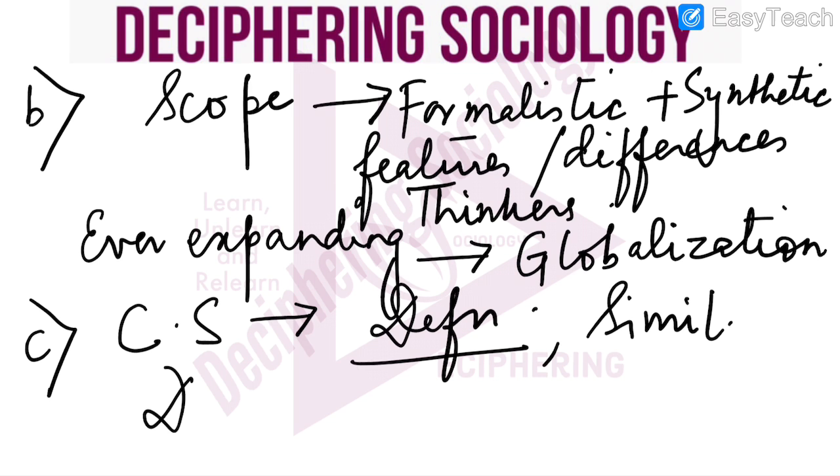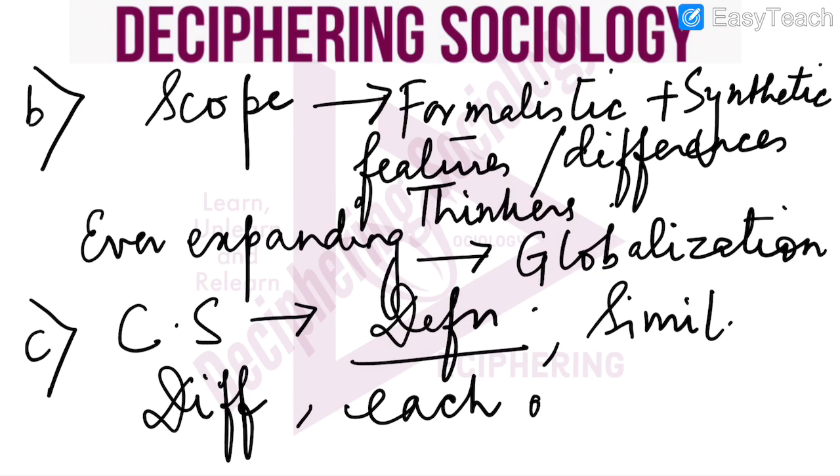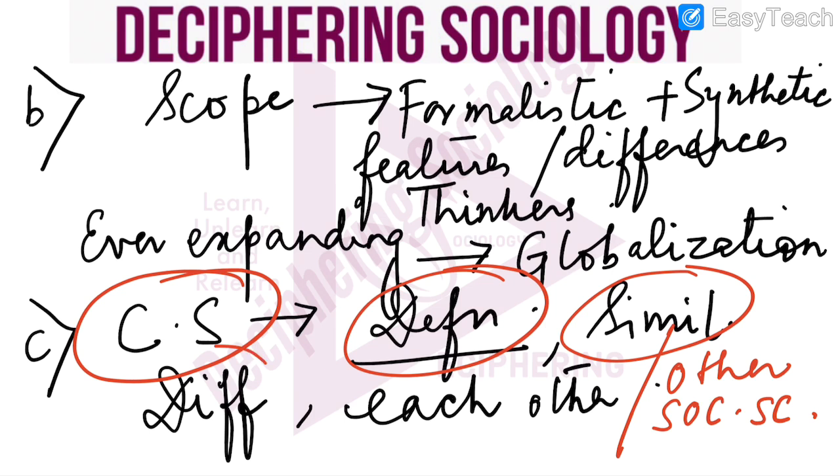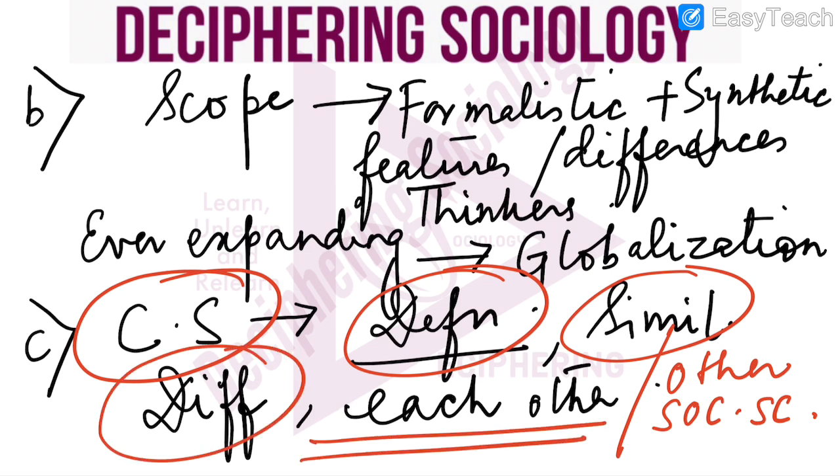You need to know the differences and how they are helping each other. The same thing you will do for other social sciences also. Okay. So for common sense, definition, similarities, differences, mutual interdependence.